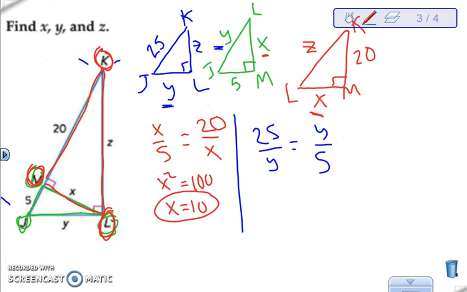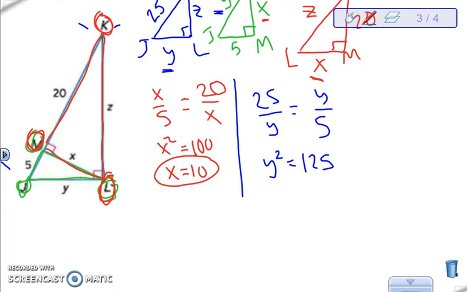Again, do your geometric mean. So Y squared equals 125, and I can break that down just like we talked about a few minutes ago. I know that 125 was 25 times 5, which means I'm going to put 5 root 5 as my answer.